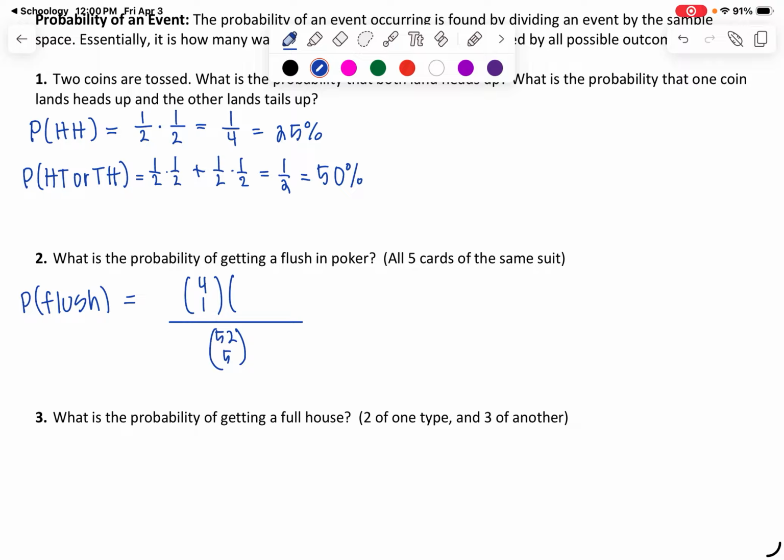Now from that suit, there are 13 cards, and I want to choose 5 of those cards, because I want all 5 to be from that same suit.